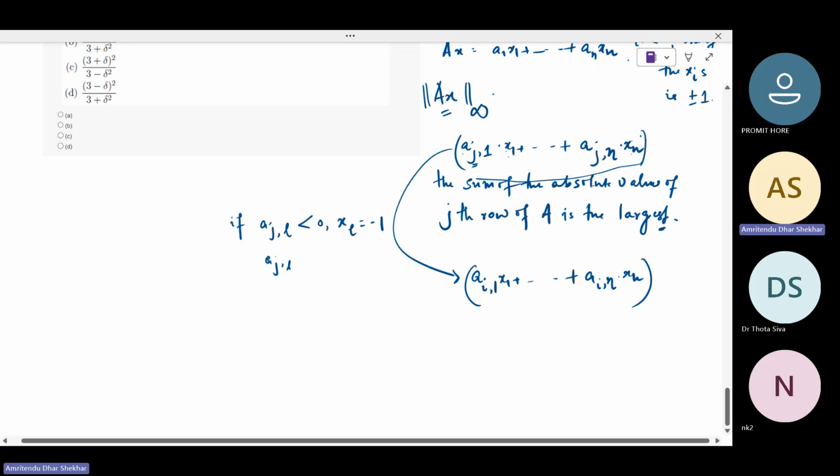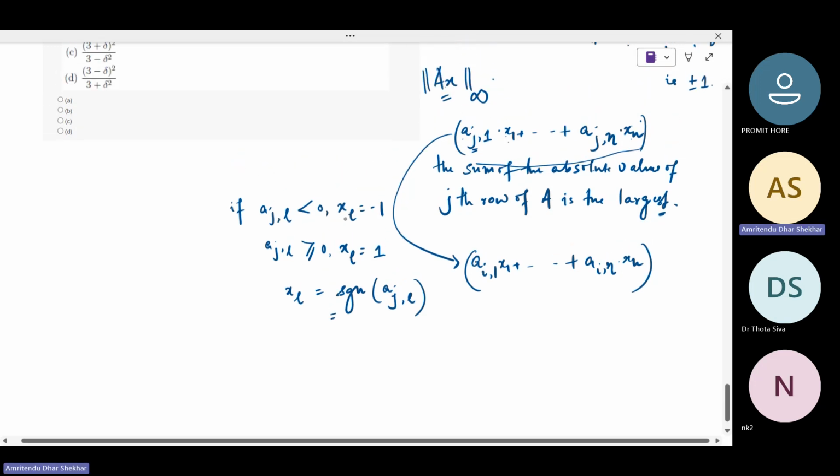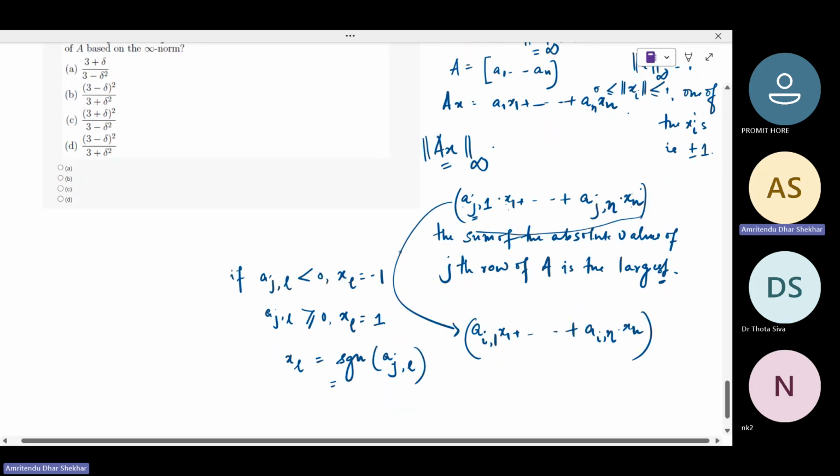If a(j,l) is positive, then you set xl equal to +1. So essentially you set xl to be equal to the sign of a(j,l). You can choose each of these to be plus or minus one because the norm is equal to one. So by appropriately choosing this to be plus or minus one, this is how you can maximize this row, or basically the jth coordinate.